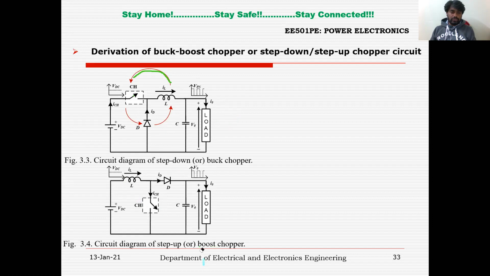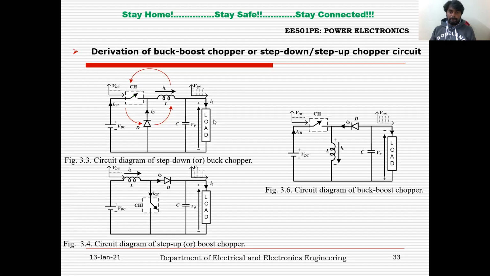Now we are also going to form the equivalent circuit configuration for the step-up chopper. You can see this is the equivalent circuit for the buck boost chopper, and there is a slight difference between the buck chopper and the buck boost chopper. Here you can see the chopper which is connected in series to the battery.